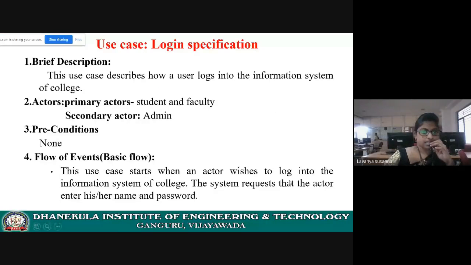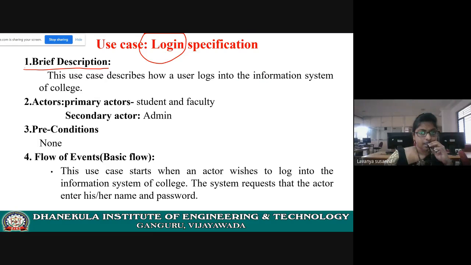See, use case description of login. First, the brief description: you need to write in two or three lines only what the login use case is doing. This use case describes how a user logs into the information system of college.